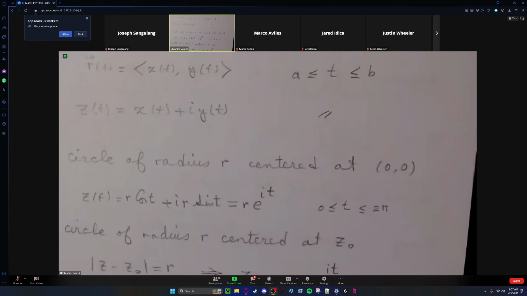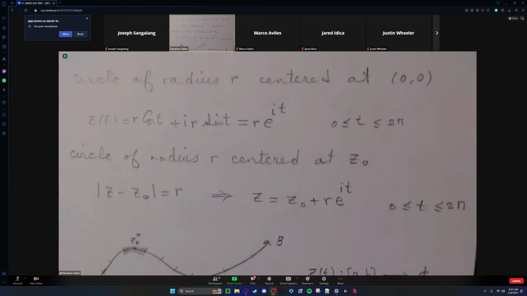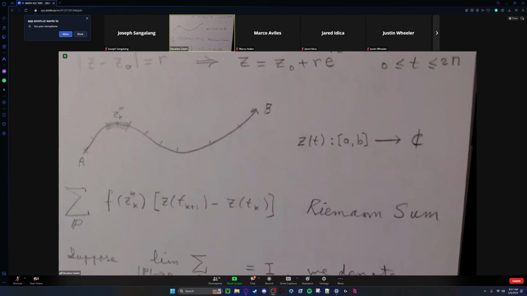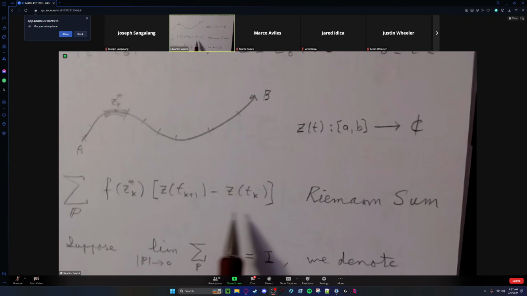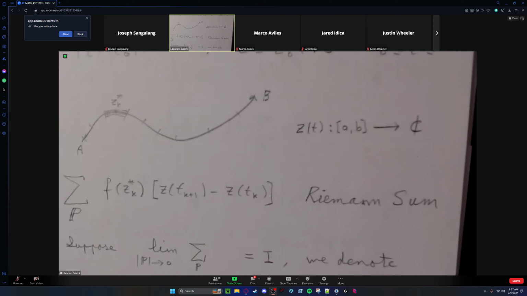But before going to the computation and examples, based on just what I said right here, I'm going to discover an inequality. That inequality is going to be extremely important. And we will call that inequality the ML inequality, as you will see.